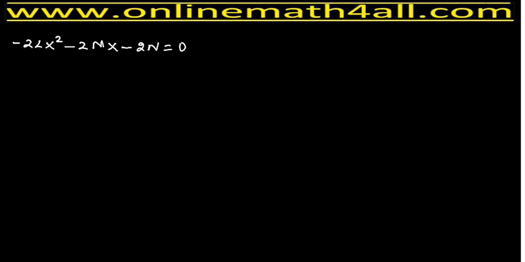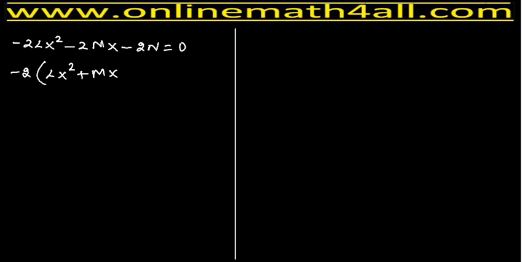On the left hand side of the equation, when I factor negative 2, I'll be getting negative 2 times lx square positive mx positive n is equal to 0.